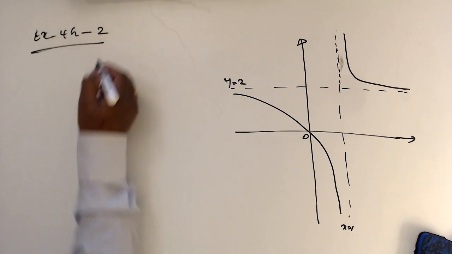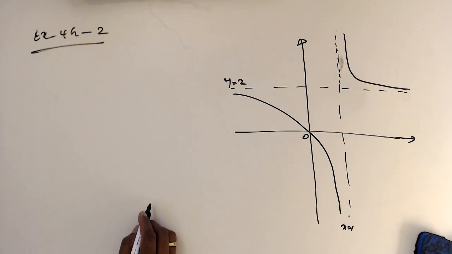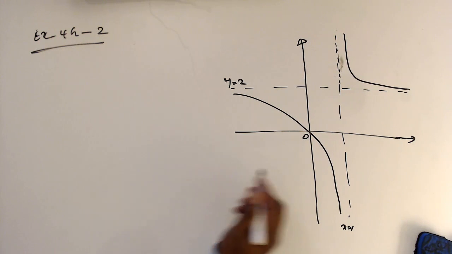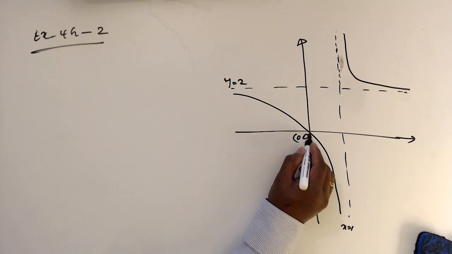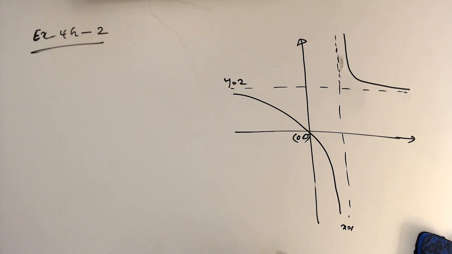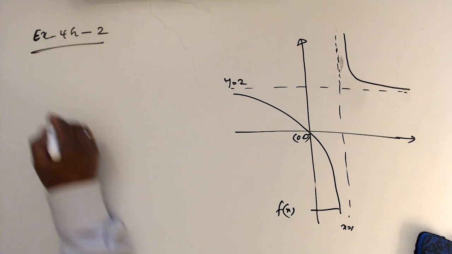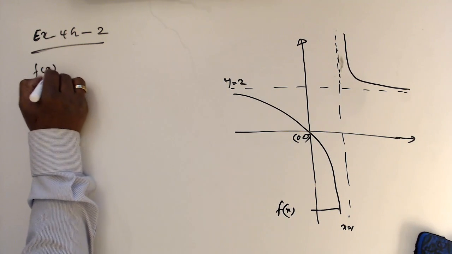Let's discuss exercise 4G question number 2. So this is 0, 0. This is the f(x) graph. We need f(x) plus 2.